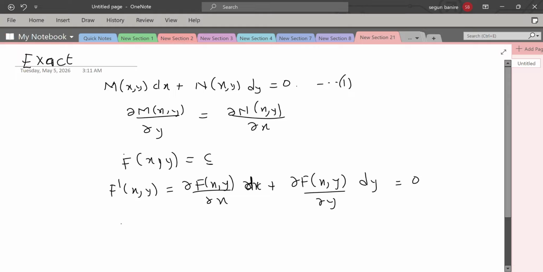So what that means is that your M(x,y) is equal to this, and then your N(x,y) is equal to this.